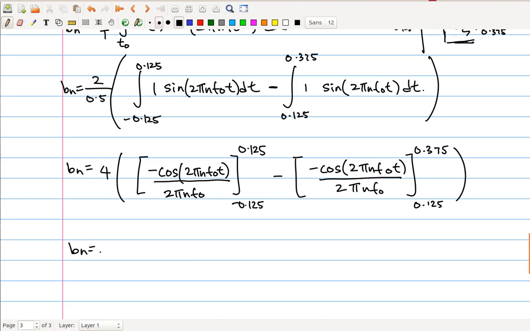I'm going to factorize like I did in the previous question. So 2 divided by 2 gives you 4 divided by 2 gives you 2. We have here 2 on pi n f naught. Okay, and then now I see this negative sign here. I can probably rewrite this and flip the limits of this integral just to make my life a little bit easier. So I'm going to rewrite this with a flipped limit, just to clean things up a little bit, so it's a little bit easier to handle.